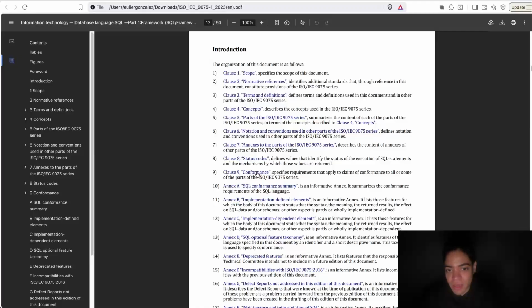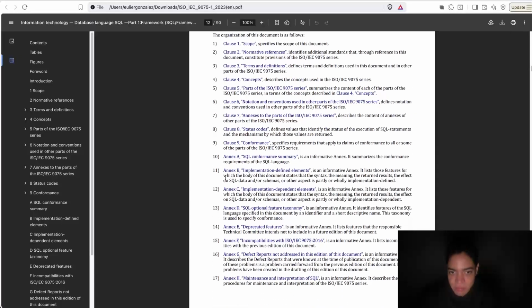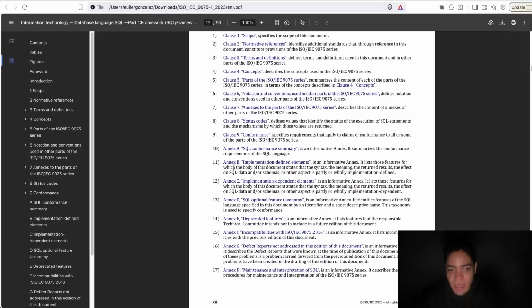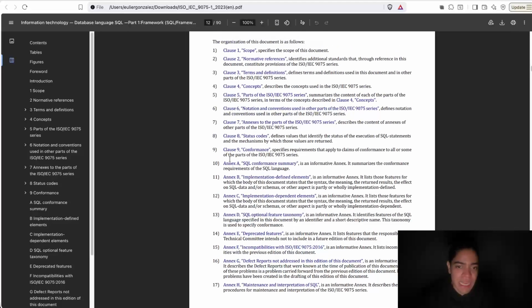Clause 9, conformance, specifies requirements to apply to claims of conformance. Annex A, SQL conformance summary, implementation-defined elements, and so on, right? It's interesting because it is defined like a contract, or like a law, with several clauses.